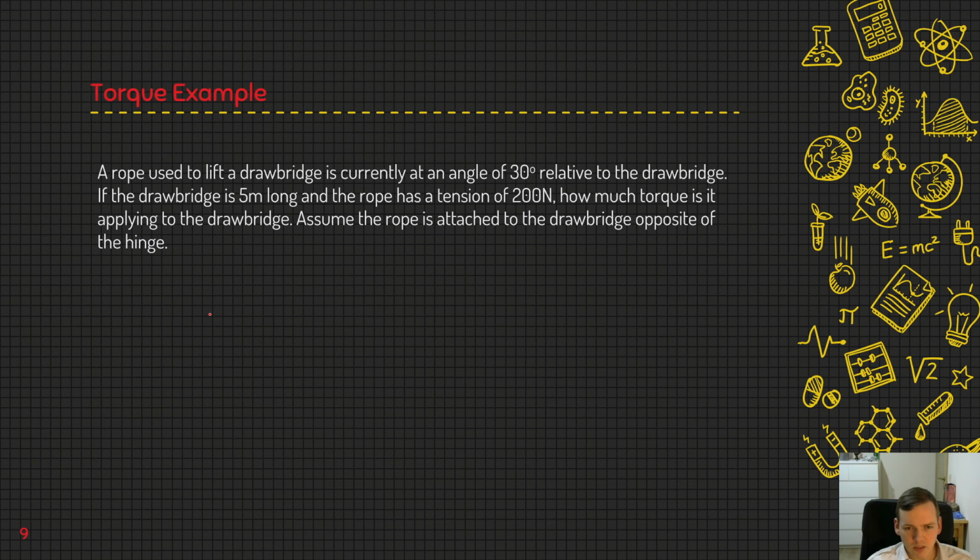A rope is used to lift a drawbridge currently at an angle of 30 degrees relative to the drawbridge. If the drawbridge is 5 meters long and the rope has a tension of 200 newtons, how much torque is it applying to the drawbridge? So with a drawbridge, we're going to have some sort of pivot here. And then we've got our 5 meter long drawbridge.